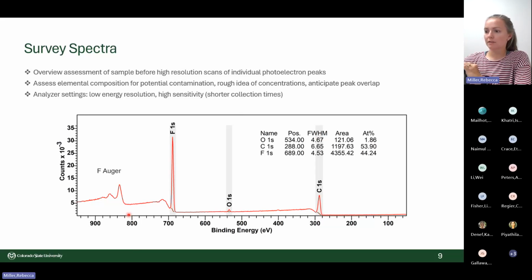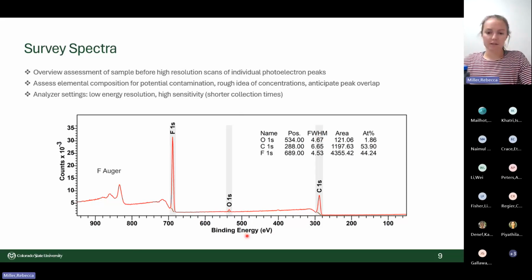So we can collect a survey spectrum in about 10 minutes, see which elements show up on the surface of our sample. This is always a good idea for a number of reasons, but you never know what might be on the surface of your sample. Even if you have a good understanding of what your sample is made of, there might be some potential contamination. And it's good to check to make sure there isn't some other salt or some other component.